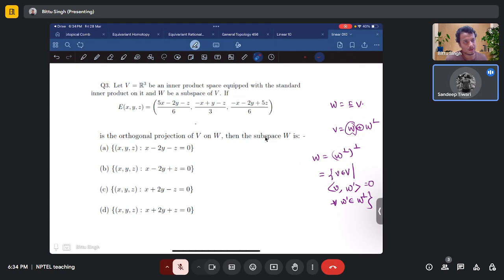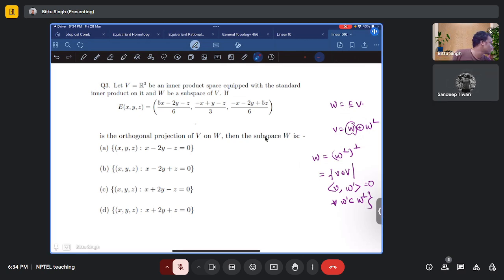Sir, in this notation, the subspace W written this way simply means that W is a null space of some operator. Yes, this can be thought of that way. So, for example, the projection takes all those elements from W perp to 0, right?